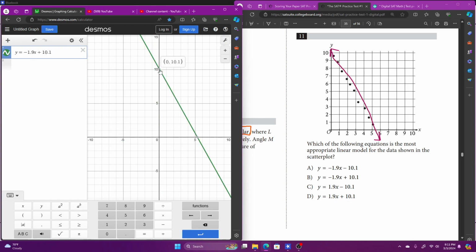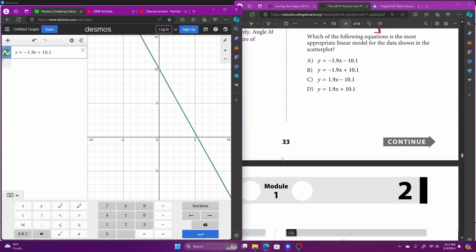You have a y-intercept at about 10, an x-intercept at about 5. That does match the graph here. So without even recognizing your slope and your y-intercept from slope-intercept form for your linear equation, by copying the answer choices over, you can guess and check your way to getting that question correct.